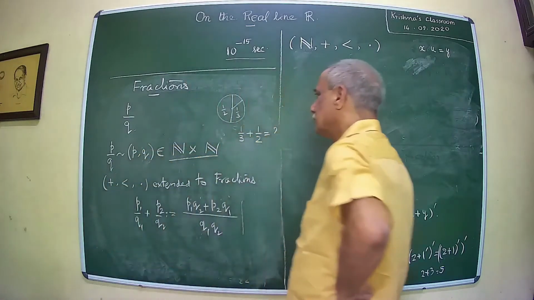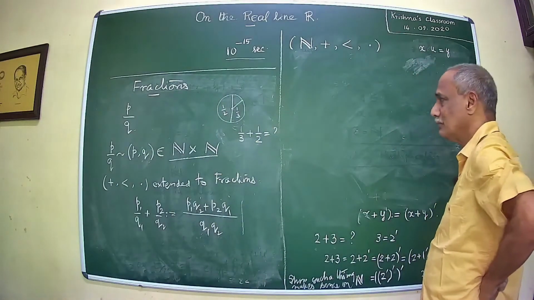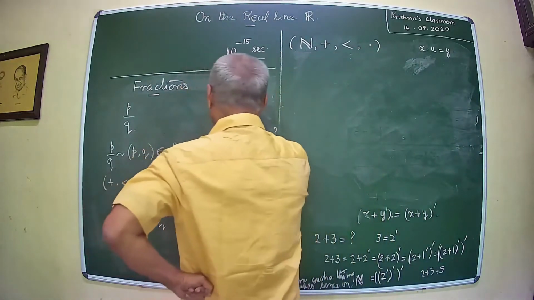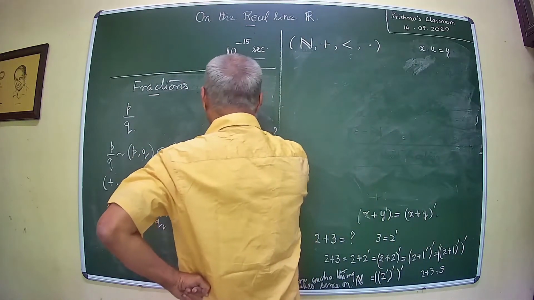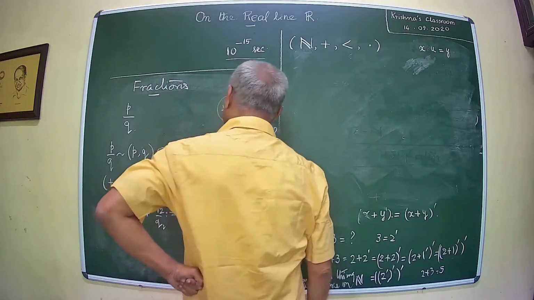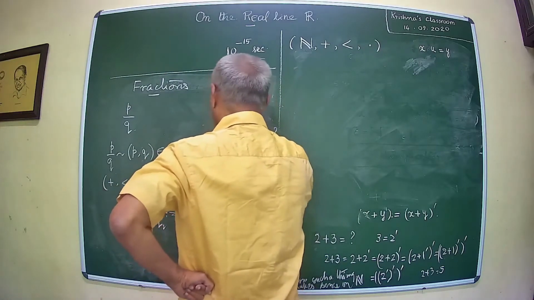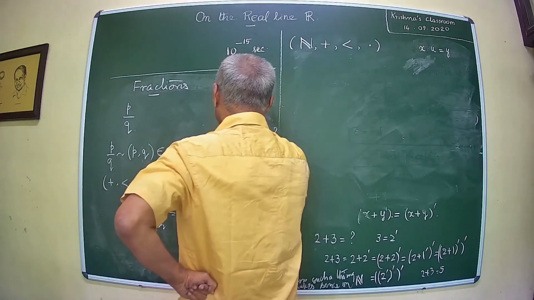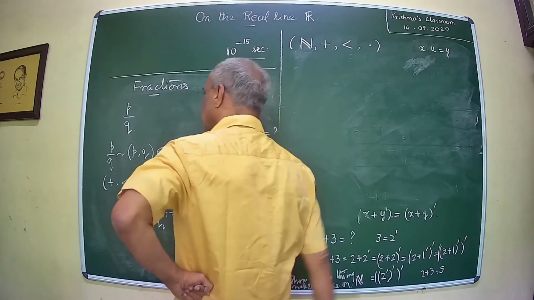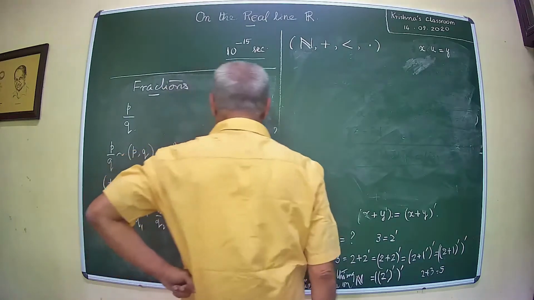What do you get? Okay. You can write this as, see, how do you write this? You divide everything sharply into 6, because 6 is the LCM, the lowest common multiple of 2 and 3.